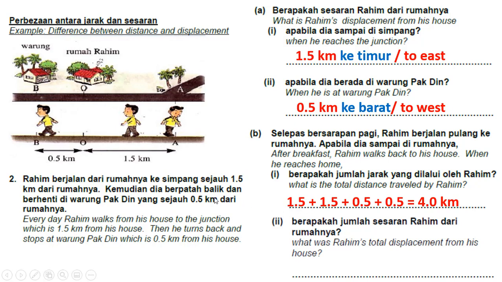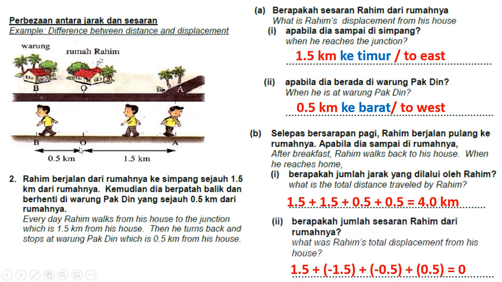Okay, total displacement. Remember, total displacement means from initial position to final position. So the initial is his house, and the final is also his house. So what is the difference? 0. So the answer is 0. Or in another way, you can calculate: 1.5 to the east is positive 1.5. Going back to the west means negative 1.5.